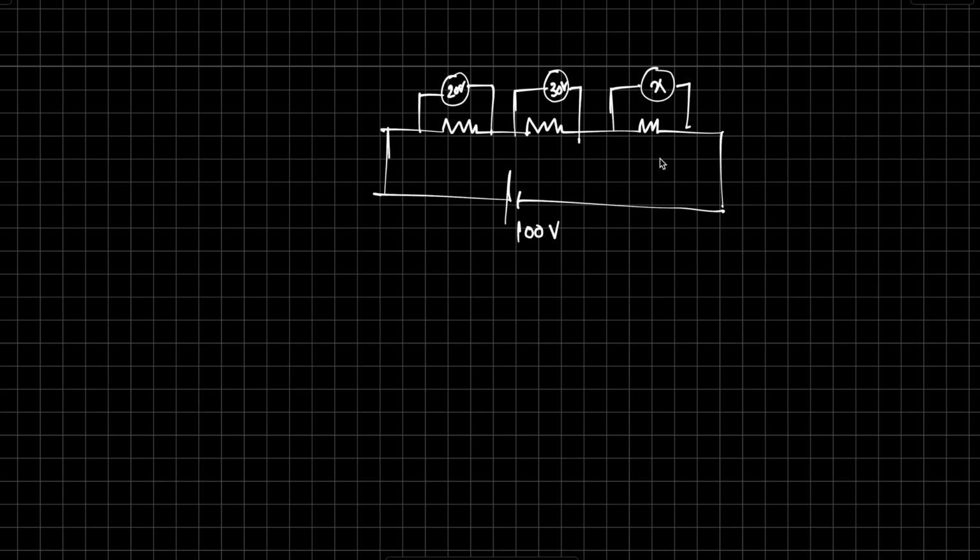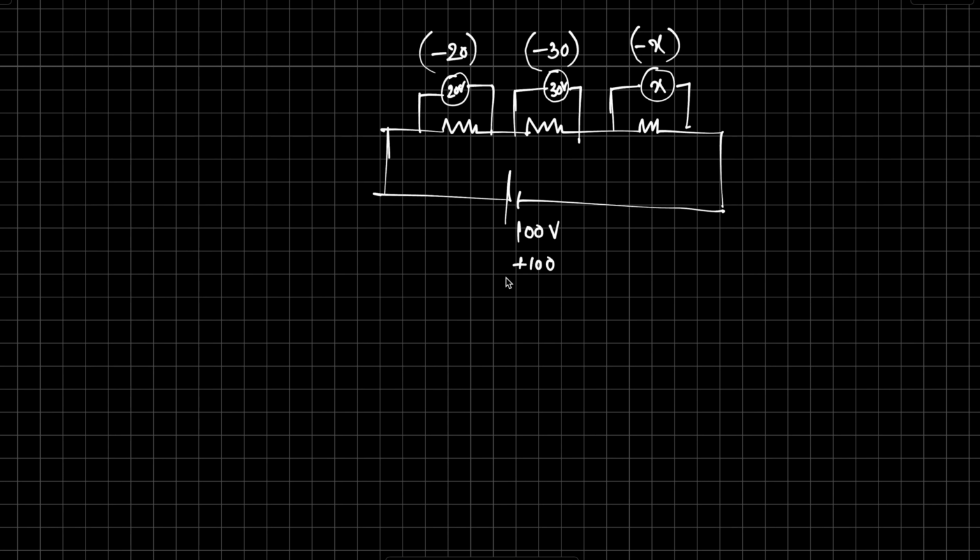X. How do you find X? So this is a closed loop, right? The battery is providing 100 volts, so plus 100. 20 volts is getting dropped across the first resistor, minus 20. Minus 30 here, that's the voltage drop here. We don't know the voltage drop here. Let's call it minus X. It's a drop, so minus X.